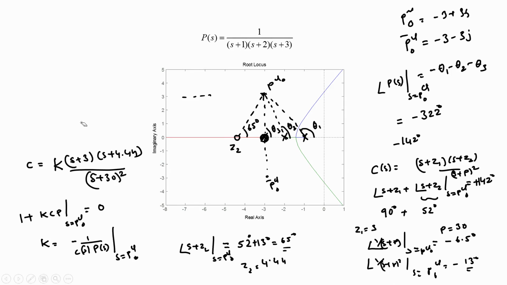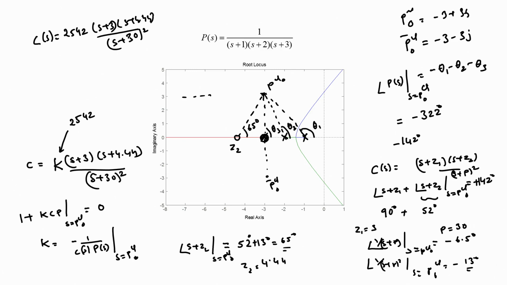So if we use this equation to compute the gain k, I would get the gain to be equal to 2542. Therefore our controller C of S is going to be given by C equal to 2542 times (S plus 3) times (S plus 4.44) divided by (S plus 30) the whole square.